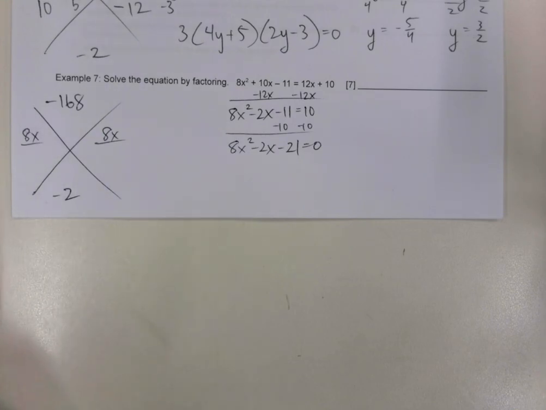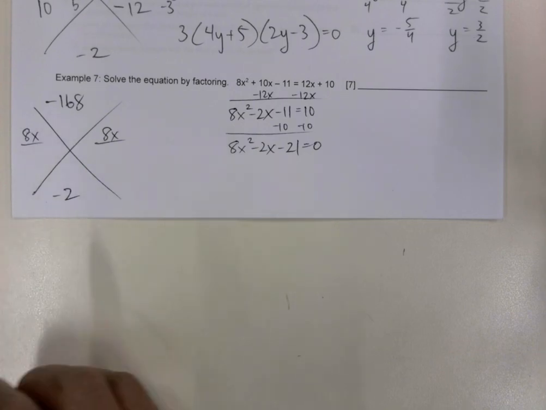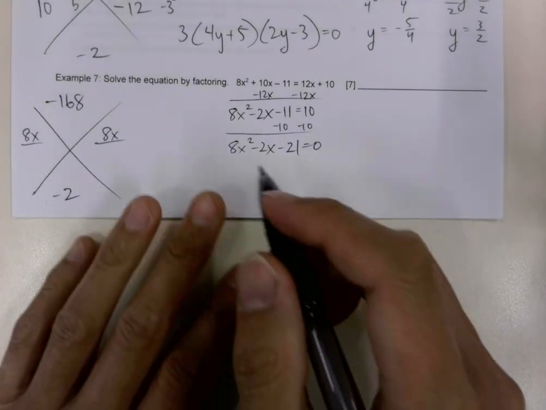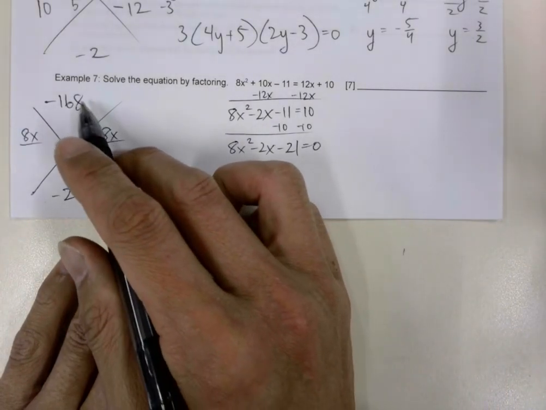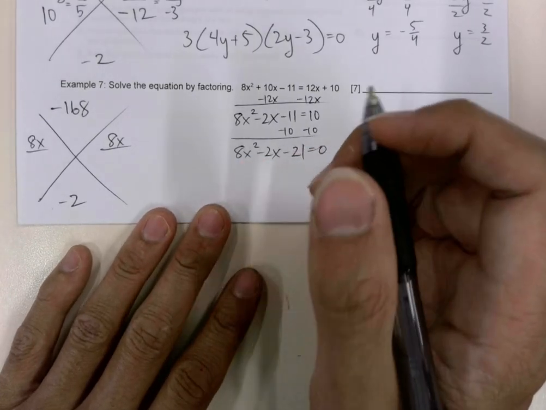Okay, hold on. All right, so I guess I can work out all the factors of 168 over here and see what two factors will give me negative 2.